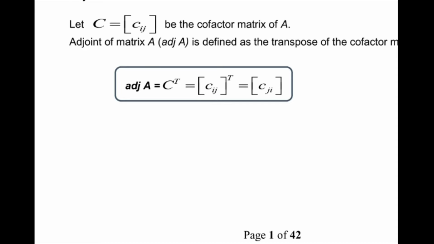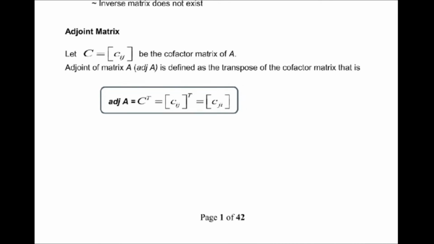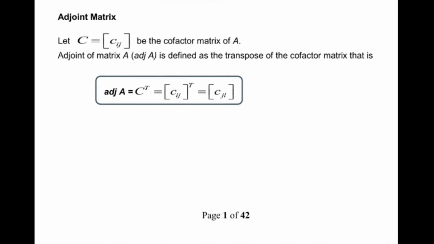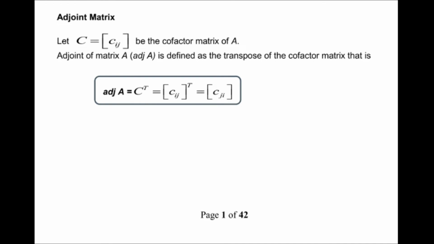Now we go to the explanation on what is the adjoint matrix. Let C equal to Cij be the cofactor matrix of A. You have learned before the cofactor matrix.